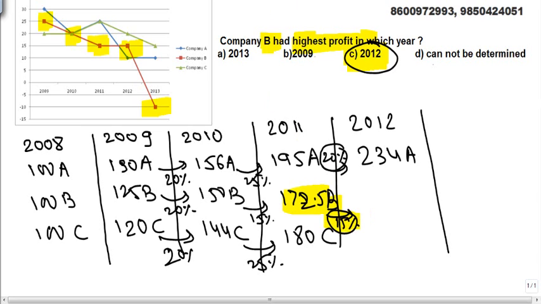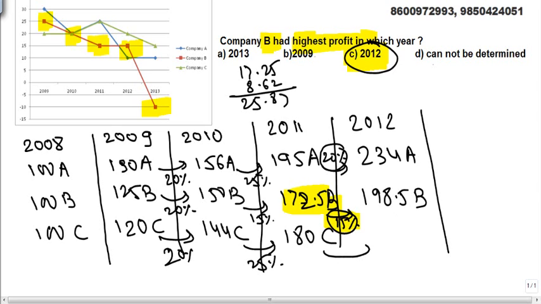B is increasing, so 15% of this value. We know very well how to calculate. 10% is 17.25, 5% is 8.6, so it's nearly 25.8, nearly 25.87. Let's take it as 26 approximately. It's not going to affect.